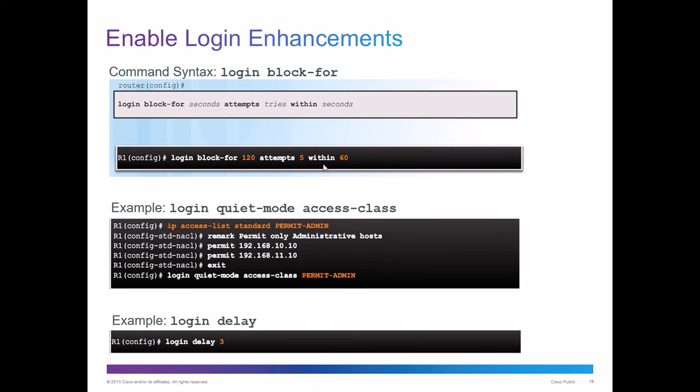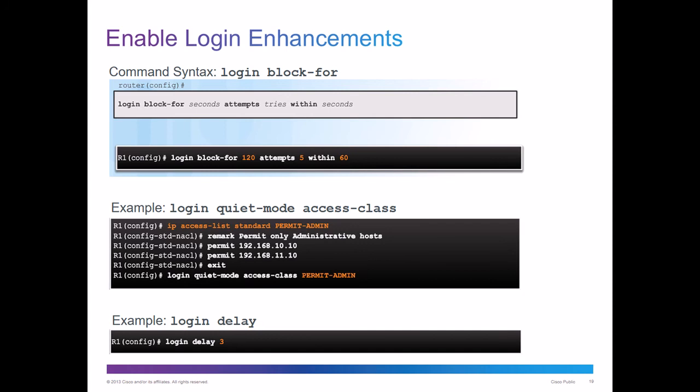So you're saying to the router, if somebody gets the password wrong 5 times within 1 minute, 60 seconds, I want you to block it, not even allow him to log in for 120 seconds, for 2 minutes.